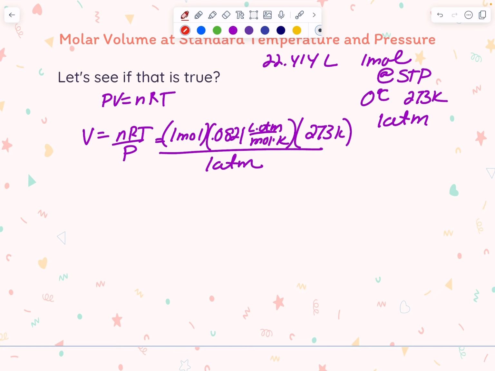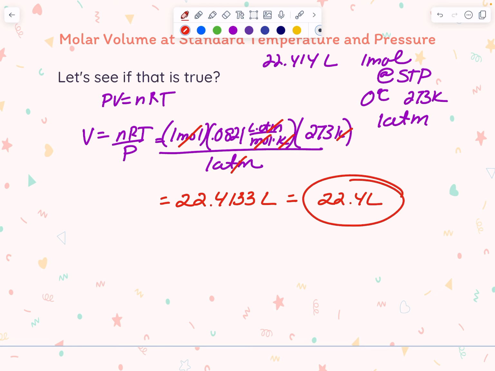And if I look at the units here, everything but liters cancels out, and I get 22.4133 liters. Let's say I use just 3 significant figures. That's how I would get 22.4 liters, right?